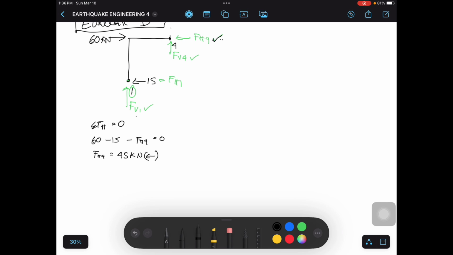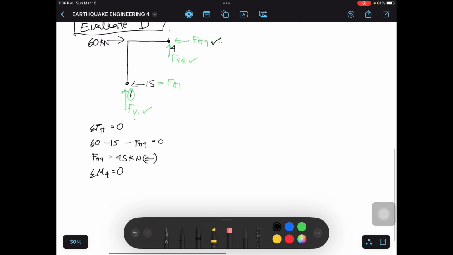So, nakuha na natin to. Next, parehong missing yung summation of forces vertical. So, hindi tayo makapag-summation of forces sa vertical. Let's just do summation of moment at point 4. Summation of moment at point 4 is equal to 0. 0 ang moment sa point 4 since hinge iyan. So, ano ang mga forces na magkakaroon ng moment? So, etong dalawa lang. Ito and ito. So, for FH1, which is equal to 15 kilonewton, anong moment arm?